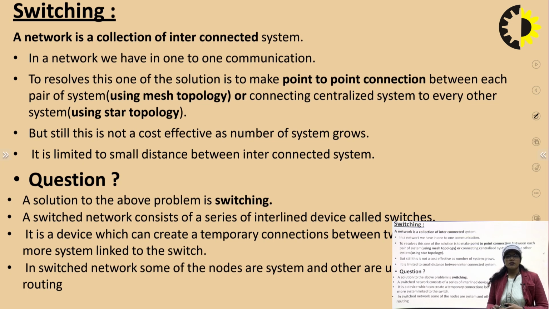When more than one device attempts data transmission through the same channel, they collide with each other and harm the transmission, and there is a possibility that data may be lost. This problem is overcome by implementing another technique, which is switching. This problem is resolved by using the technique of switching.